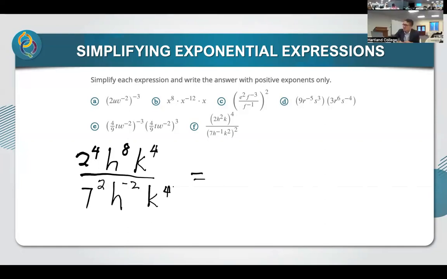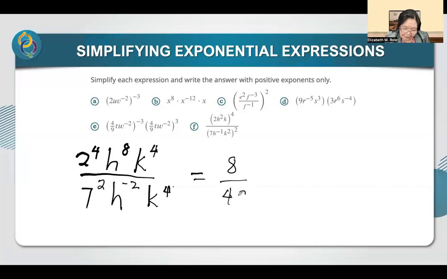Okay. So 2 to the 4th is 8. 7 squared is 49. Okay? I'll just put those numbers. 2 to the power of 4 then is 16, I think. 16 divided by 8 to the negative 2. Isn't that 8 to the 10?